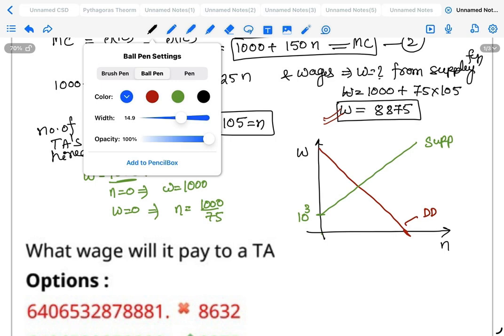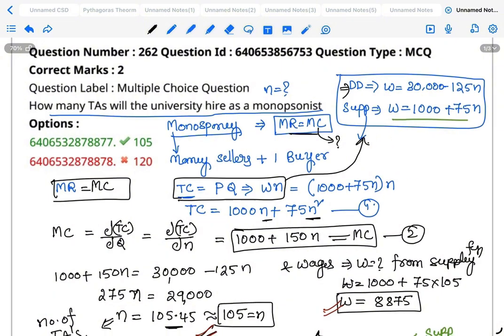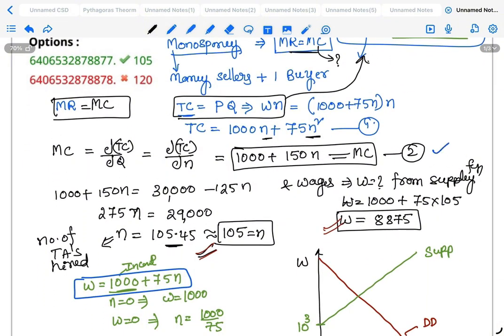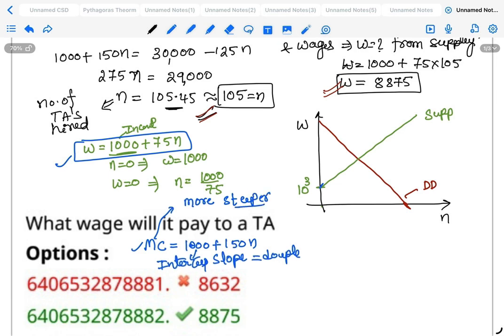Again, the marginal cost MC is 1000 + 150N, which we found earlier. Comparing the two equations, the slope is double and the intercept is the same. Both start at the same point, and the marginal cost is steeper, with double the slope.